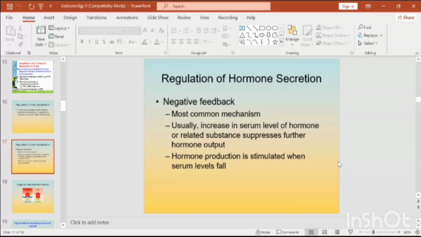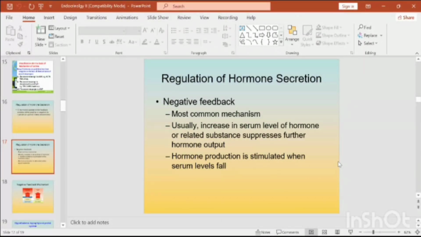An example will be the blood sugar level, and the equivalent hormone will be insulin. Right now, because most of you have just woken up, and I'm sure none of you have taken breakfast, your sugar level hardly goes below 3.9 millimoles per liter.